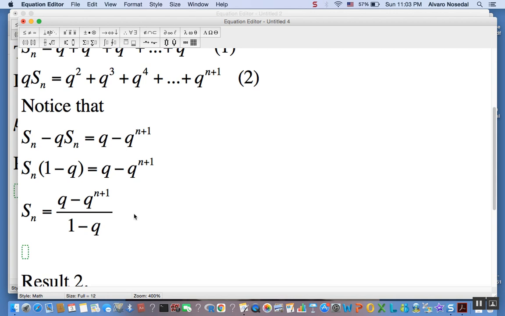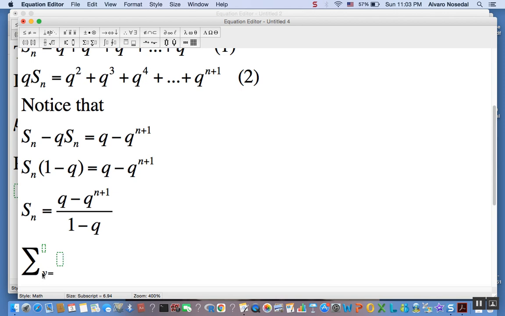Now let's talk a little bit about notation. Sn is just, as we said at the beginning, a finite version of the series. It's a finite sum.